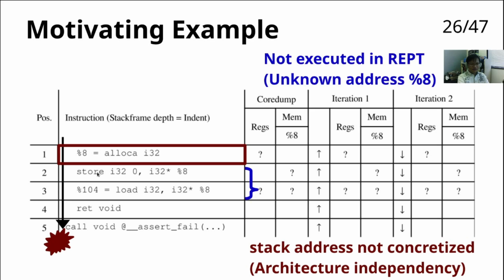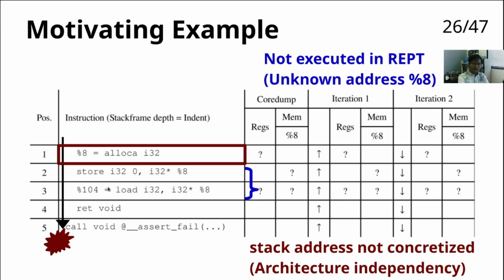This results in these two store and load instructions not being executed in REPT, resulting in everything being unknown, despite the fact that we can easily infer that 0 was stored and then loaded immediately. Therefore, register 104's value should be 0.